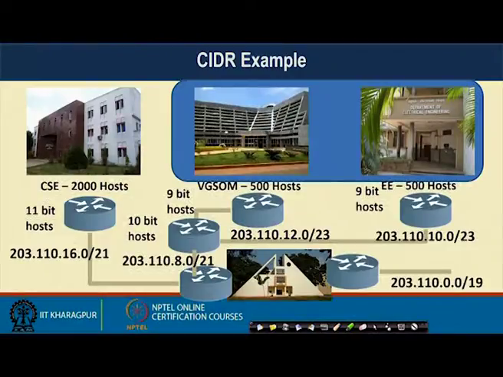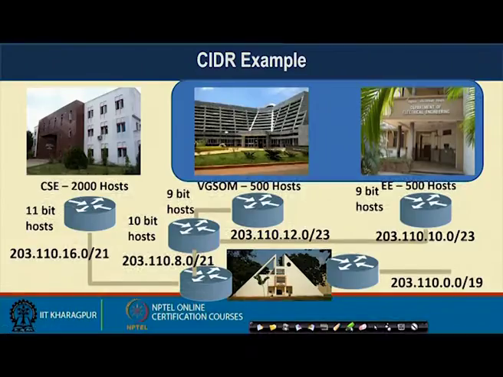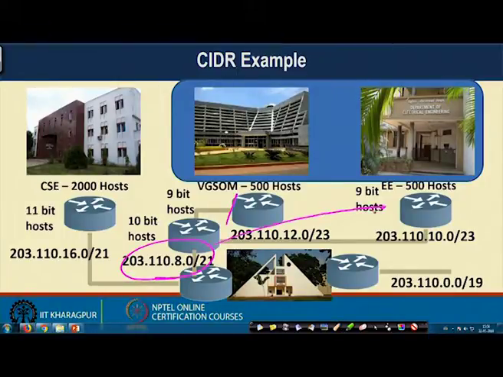So, that way, with the help of this subnetting and supernetting, I am able to distribute this entire IP address space that was given to me into 2 different subnets, or 3 different subnets, in a hierarchical way. Initially we divide it into 2 different subnets, where I have CAC on one side and the combination of VGSUM plus E on the other side, and in the next step I have divided the second level of IP address to the VGSUM network and the EE network.